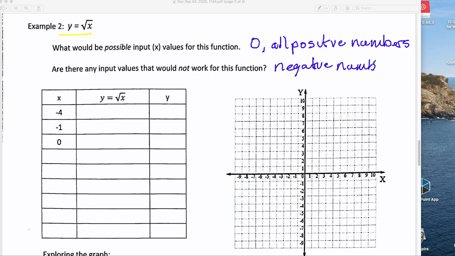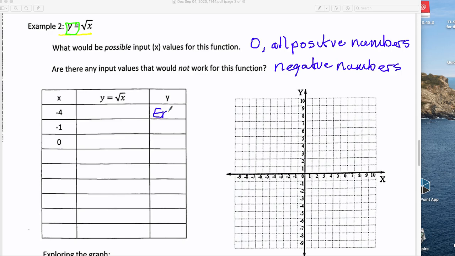If you've got your TI-84 calculator, you press the y equal button and enter the square root of x, then scroll up and down and fill in your table. What you're going to see almost immediately is that if I put a negative number in, I'm going to get an error.